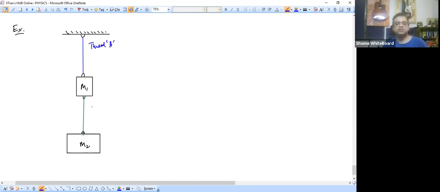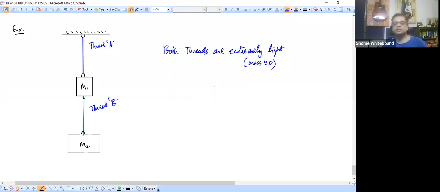This one is A and this one is B. So both threads are extremely light. That is, their mass is very small, tending to zero.